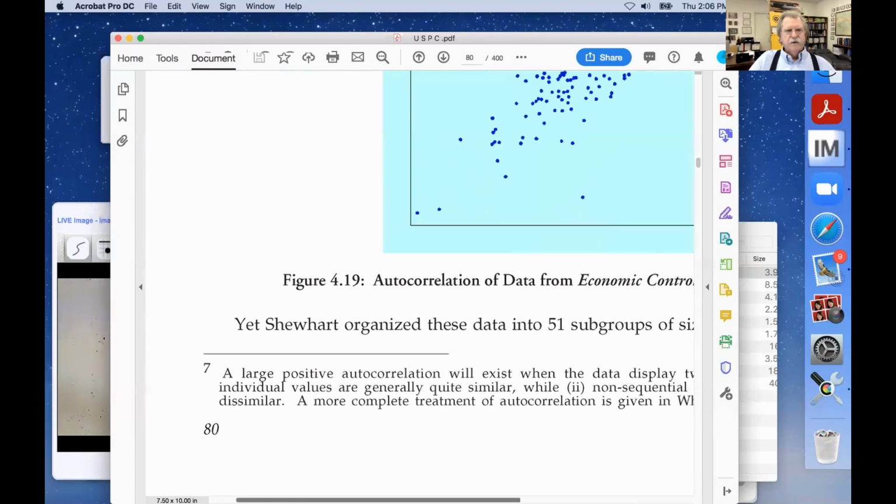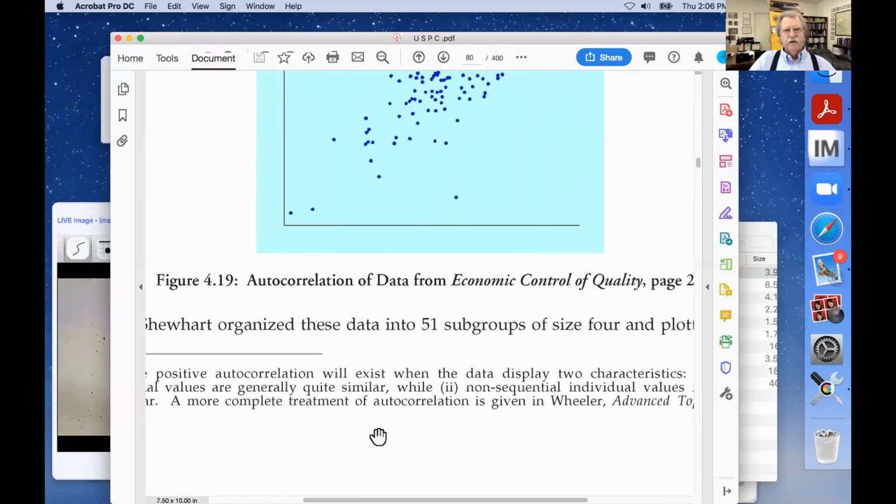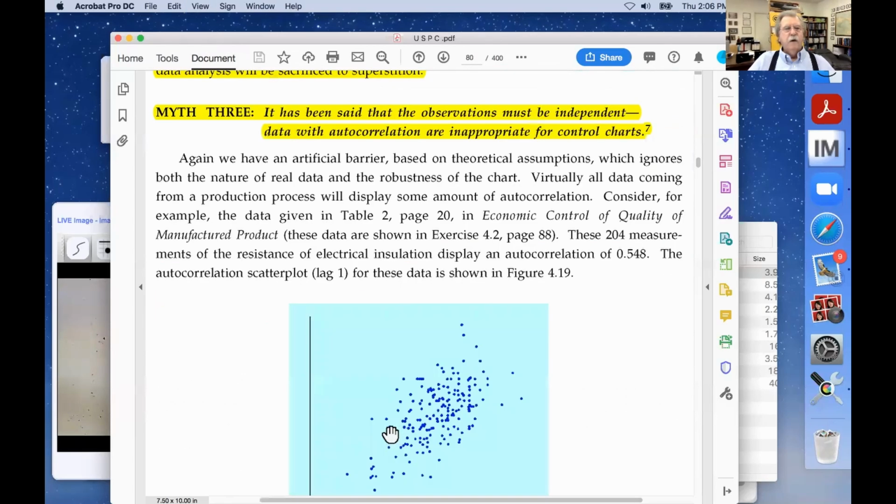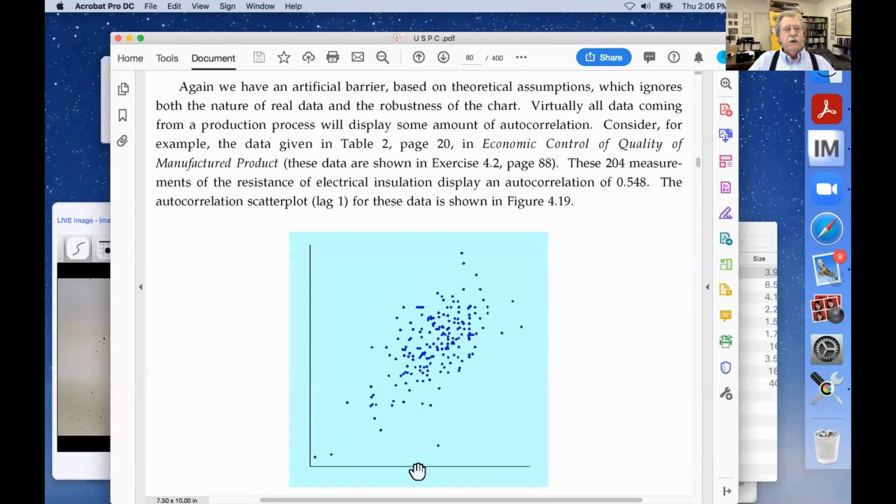In other words, you've got to have both properties to have a large positive autocorrelation. What that means is that if you have a large positive autocorrelation, your process is moving around. If your process is moving around, it's unpredictable.